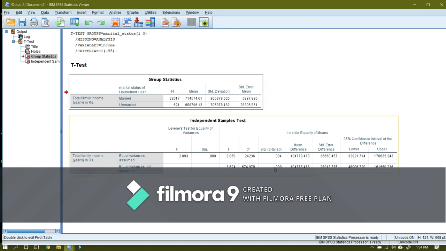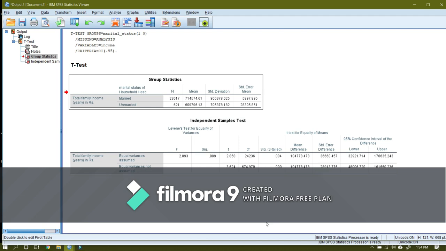So they are not equal to each other, because it shows that there is a huge difference between the two means, and that difference is equal to 1,04,778. It also gives us the standard error of the difference, and then the lower and upper confidence interval of the difference between the two means. So this is how we interpret the independent sample t-test.